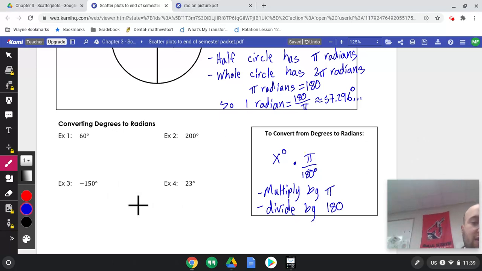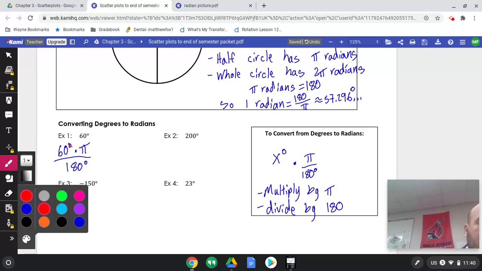For the first one, we multiply by pi, so 60 degrees times pi, and then divide that by 180 degrees. The degrees cancel. 60 goes into 60 one time, and 60 goes into 180 3 times. So this would equal 1 over 3, let me rewrite that.